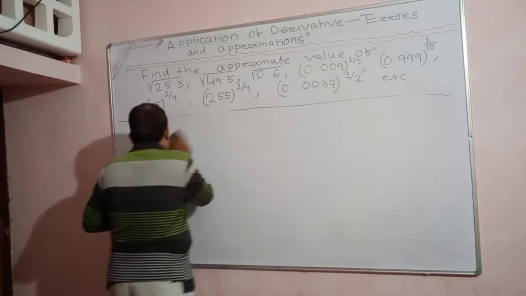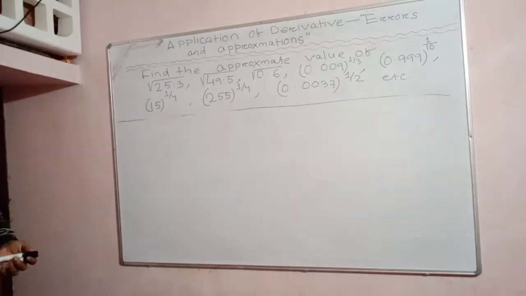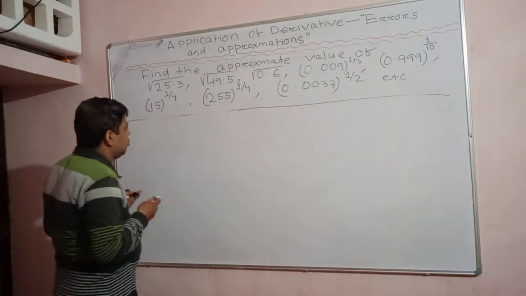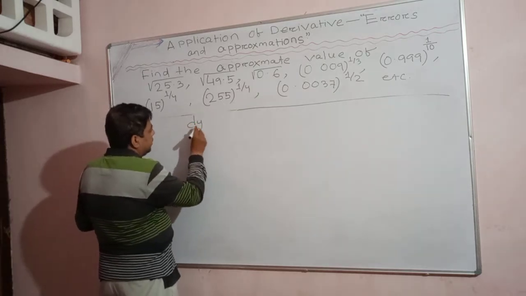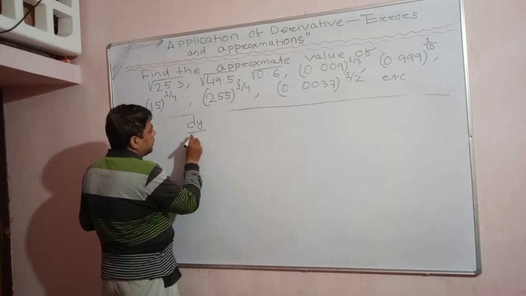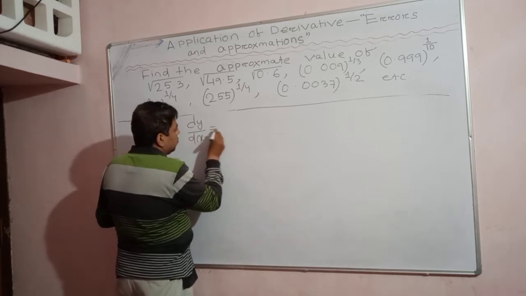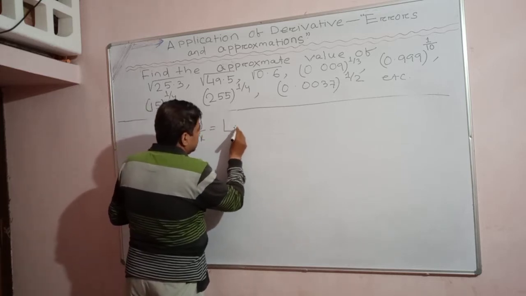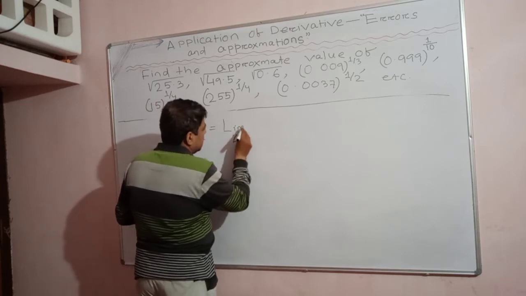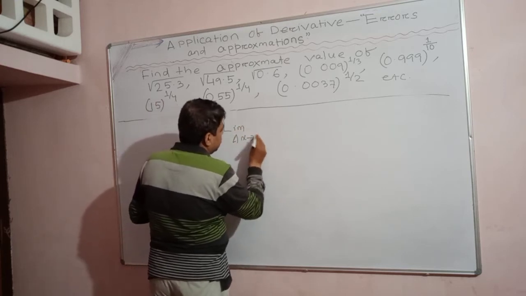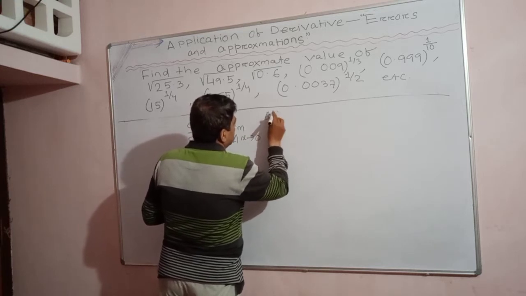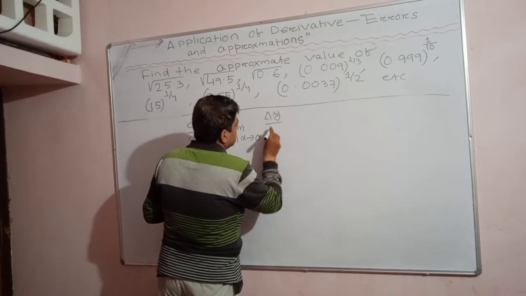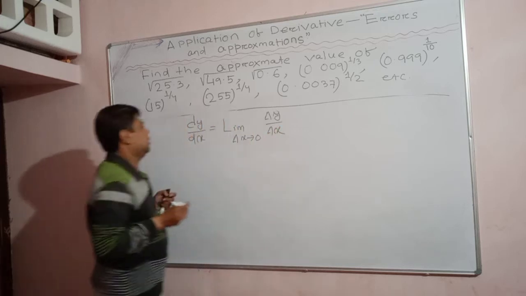Students, all of you know that dy by dx, the derivative or differential of y with respect to x, we know using the concept of limit, as del x approaches 0, del y by del x.